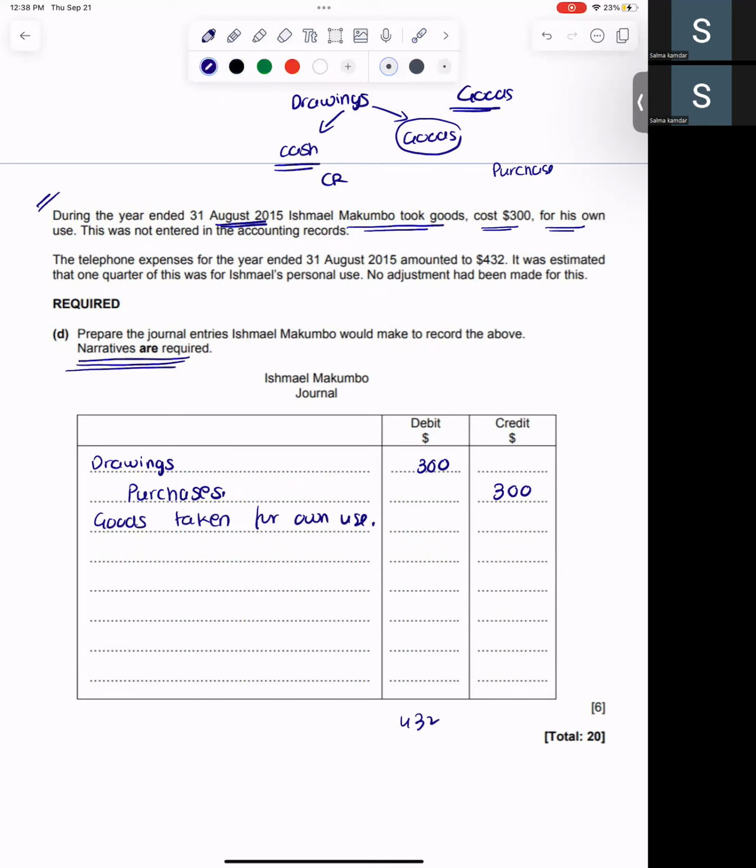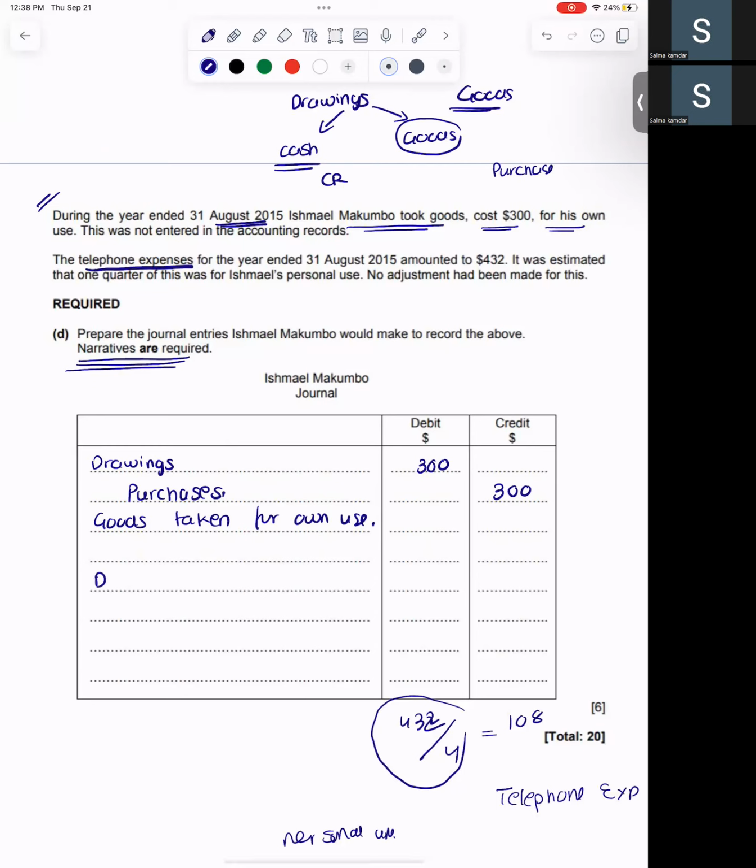Quarter means 1/4. So they estimated that 1/4 of these expenses is for personal use. So 1/4 of 432 is 108. So 108 of the telephone expenses is for personal use.